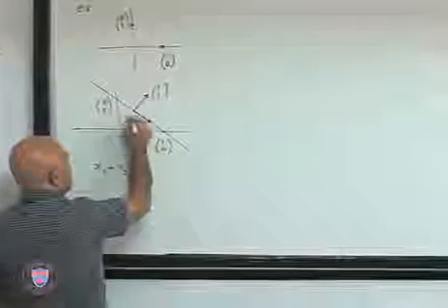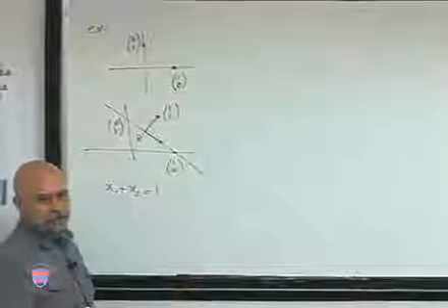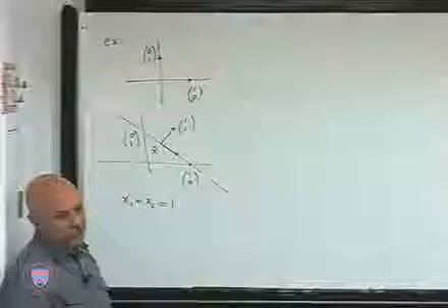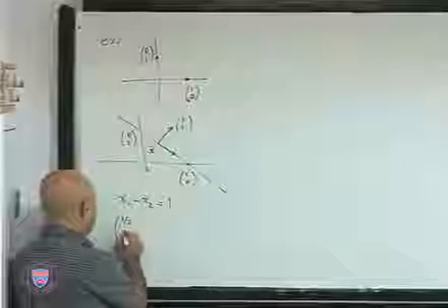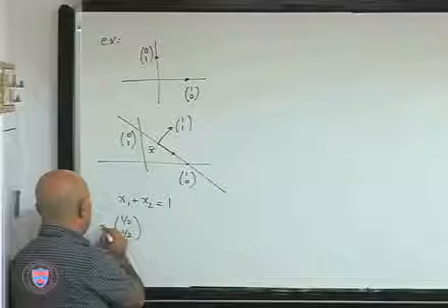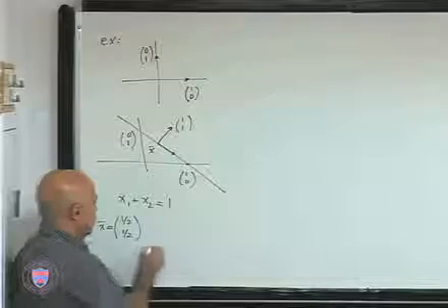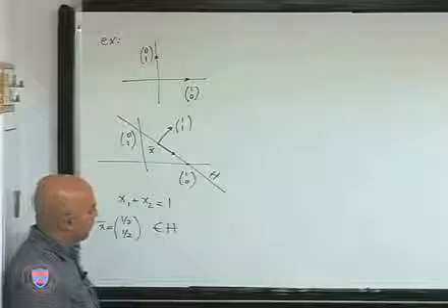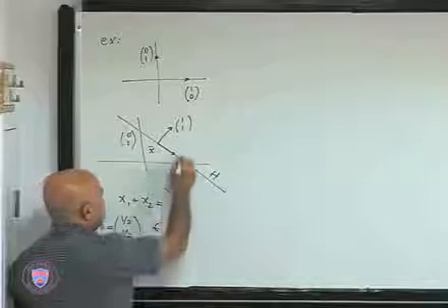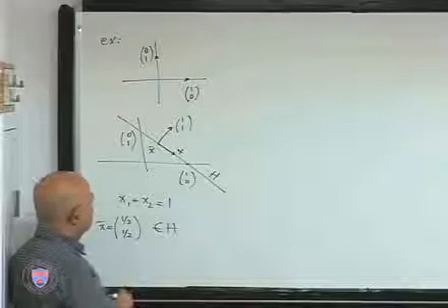So there's a point x bar here. Give me a point on that. For example, which one? 1/2 and 1/2. Okay? So if you look at 1/2 and 1/2, and if you take it as x bar, it is in the hyperplane H. Okay? This is a point x.